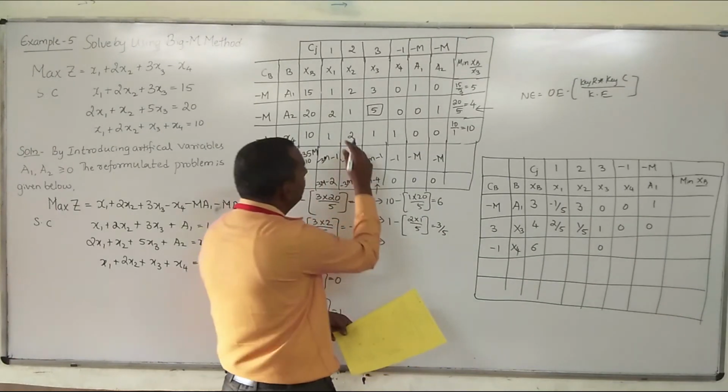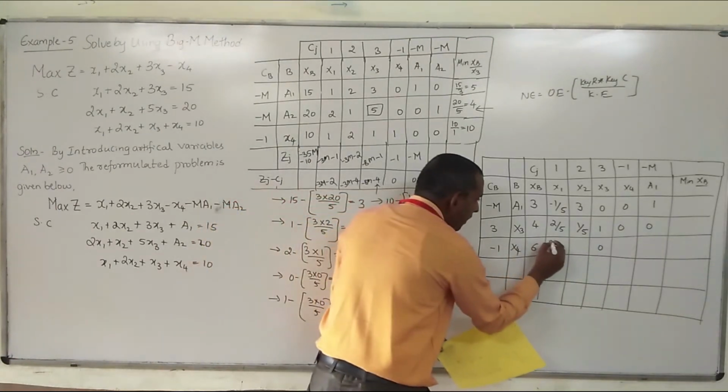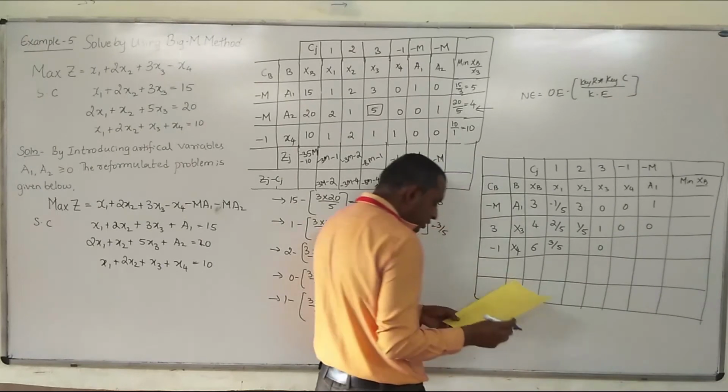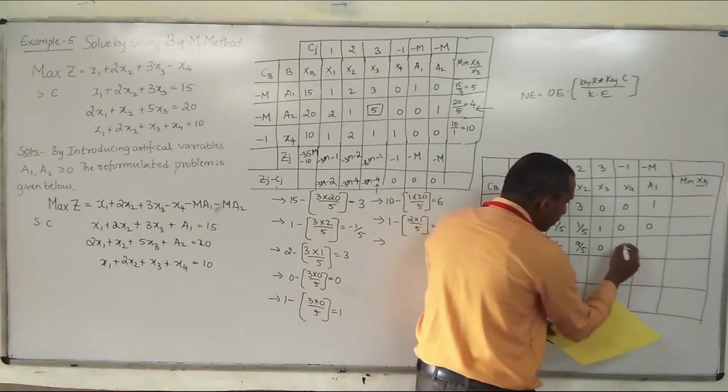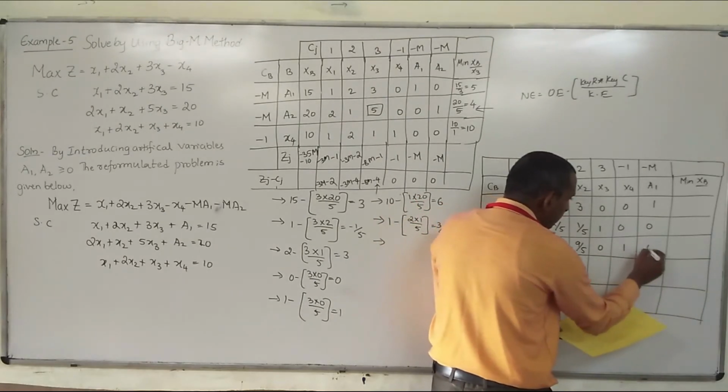Next one is 3 by 5, the next one is 9 by 5. Then the next one is 1, then 0.